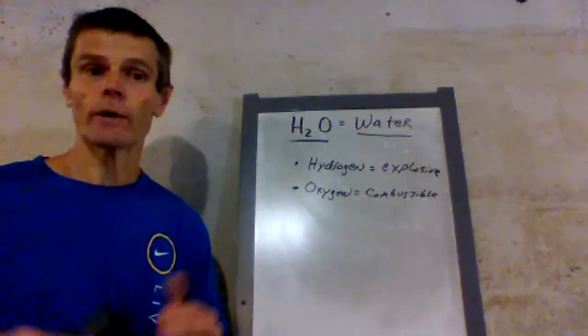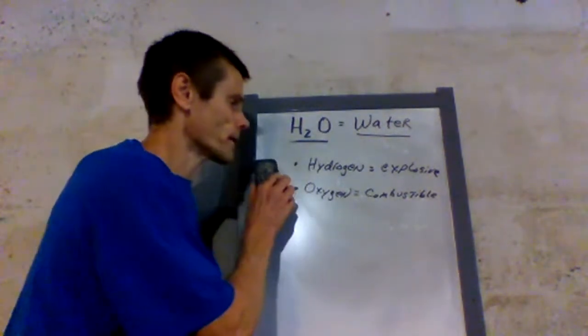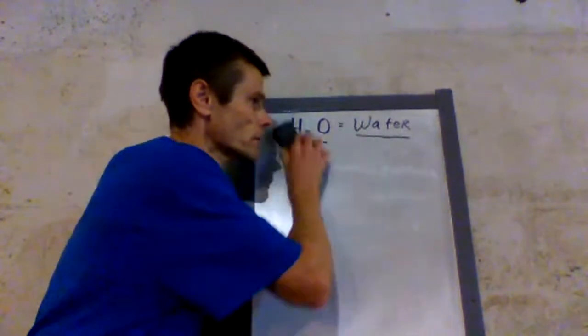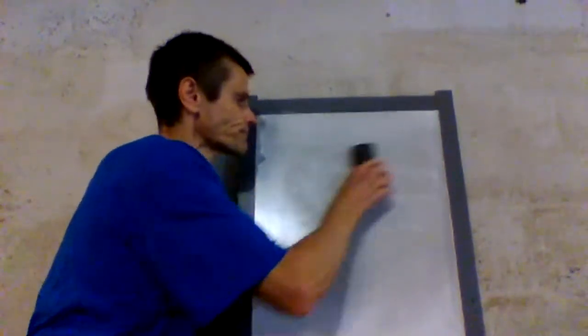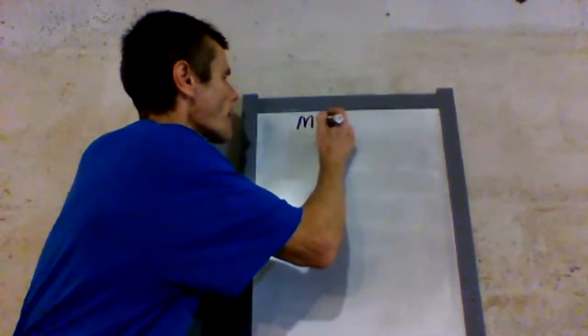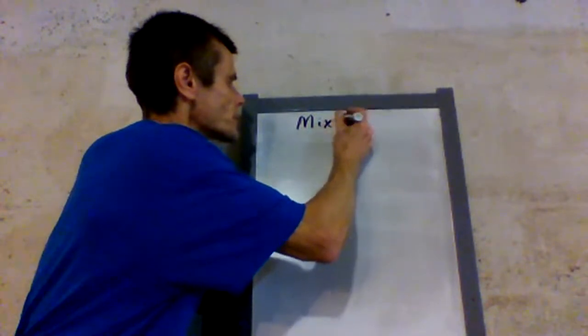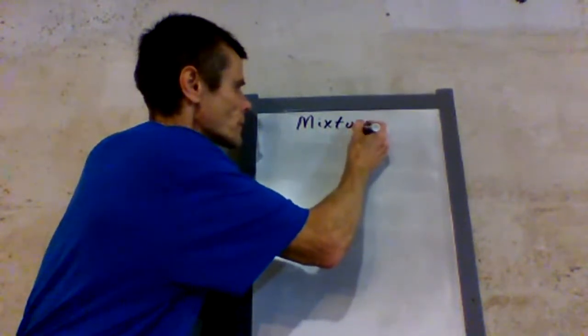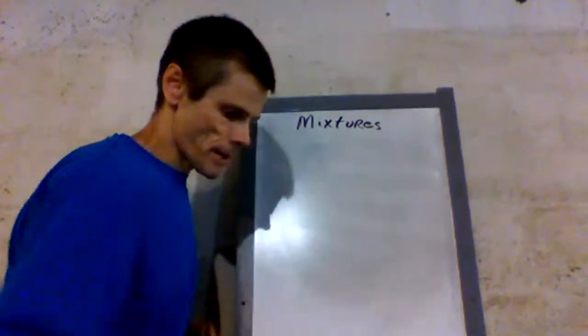We said another way we can classify matter based upon chemical composition are mixtures. Let's begin discussing mixtures. And let's help to understand how mixtures are different than compounds.